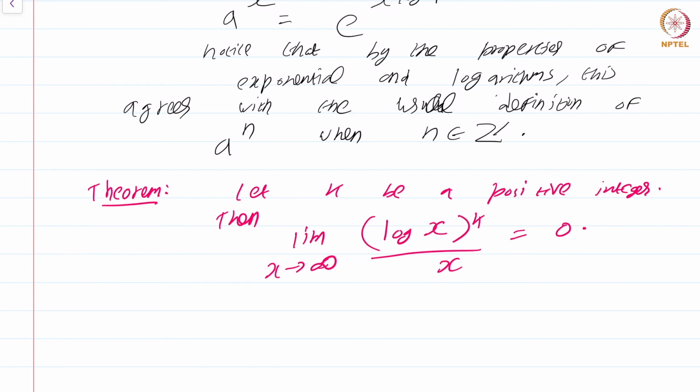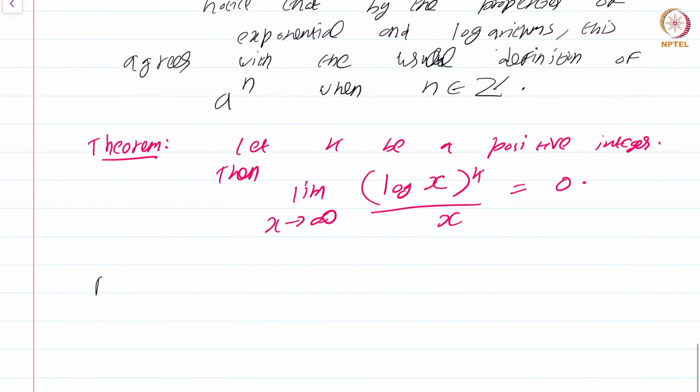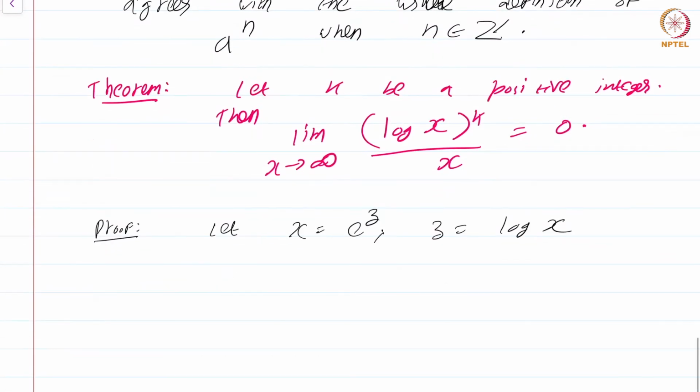And the proof is fairly easy because we have already done the hard work using the exponential function. So what you do is you set x to be e power z. In other words, z is just log x. Then (log x) power k by x is nothing but z power k by e power z.